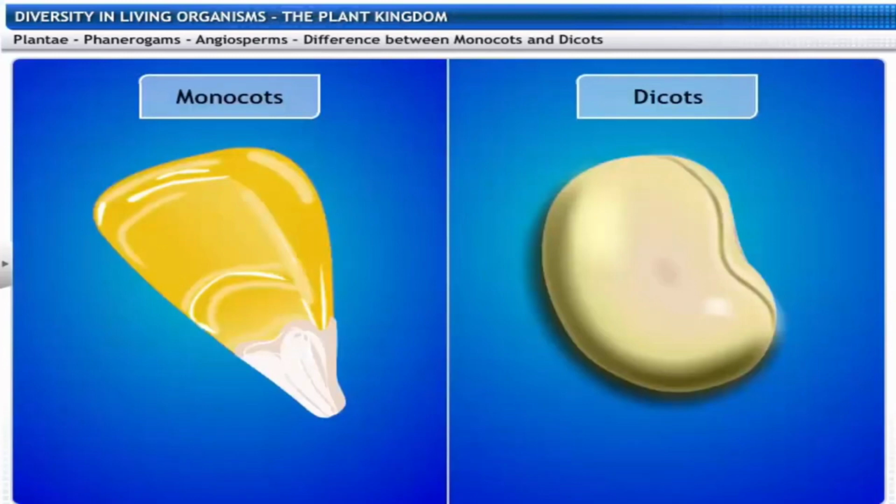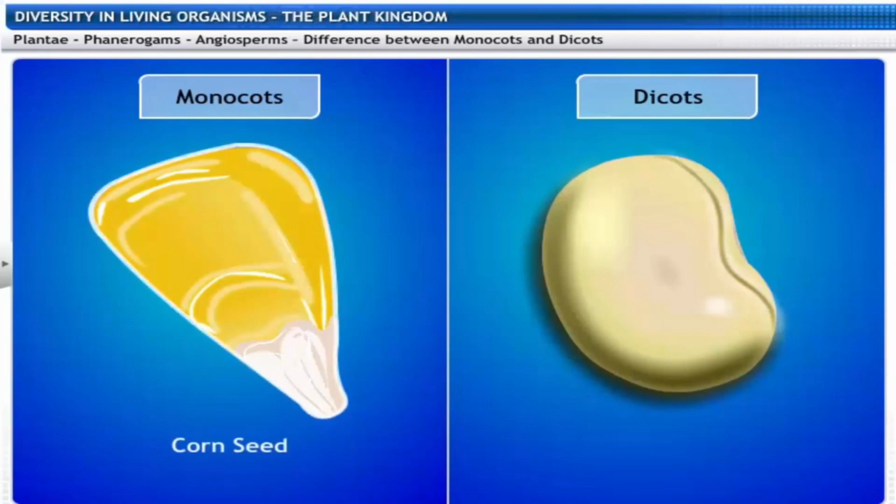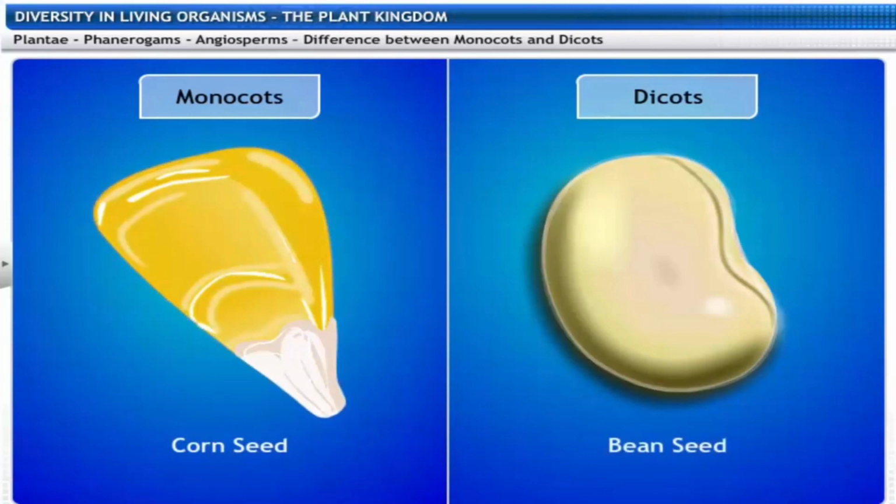Let's look at some other differences between monocots and dicots. We will use a corn seed as an example of monocot and a bean as a dicot.